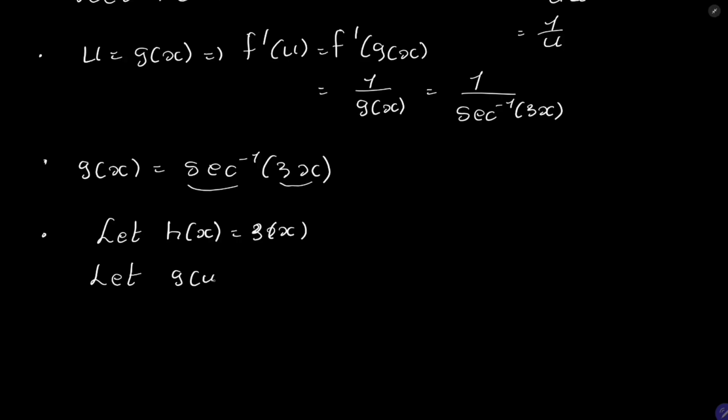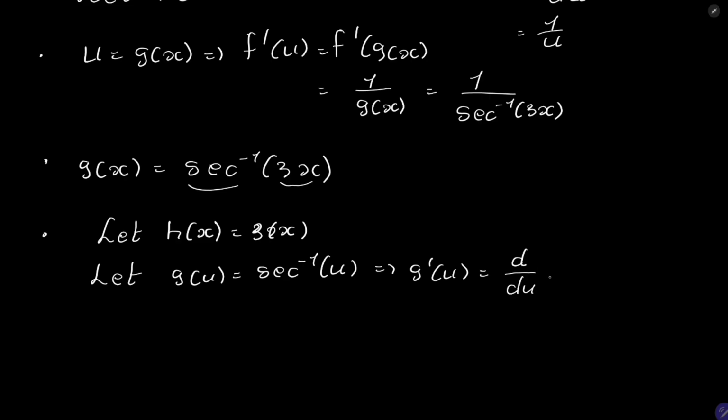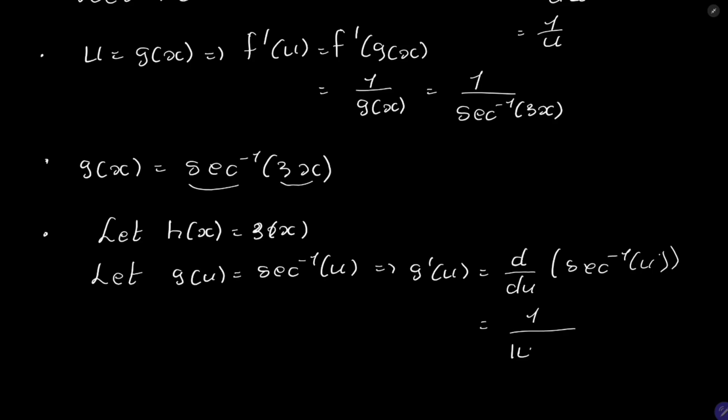Now g of u is equal to sec inverse of u, which implies that g prime of u is equal to the derivative with respect to u of sec inverse of u, which, recalling from the previous video on the derivative of the inverse trigonometric function sec inverse, gives us 1 on the absolute value of u times the square root of u squared minus 1.